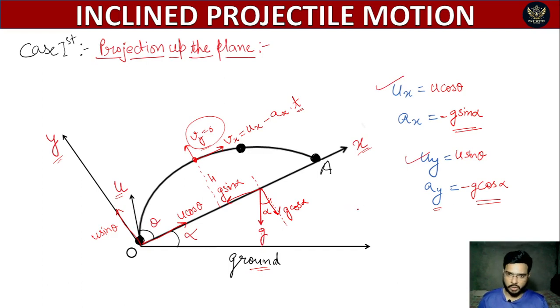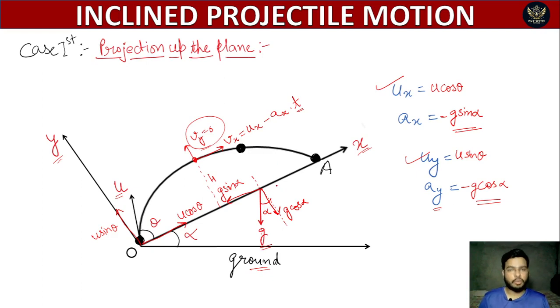Now talking about the acceleration part. Gravity acts on every object in the downward direction. If we resolve this acceleration into vertical and horizontal components, what do we get?